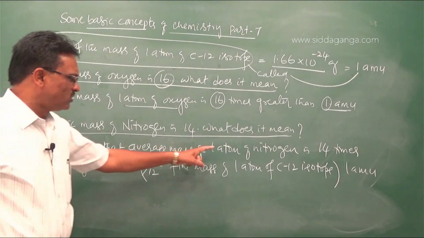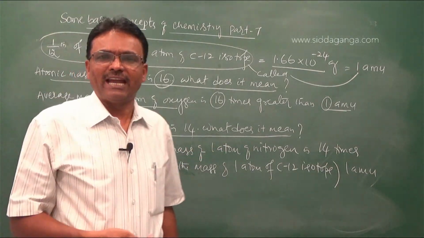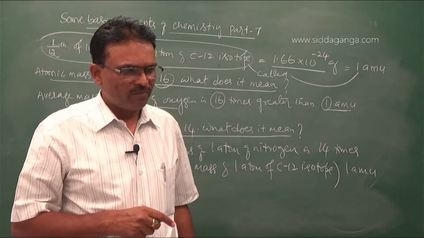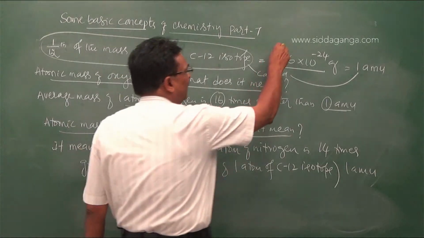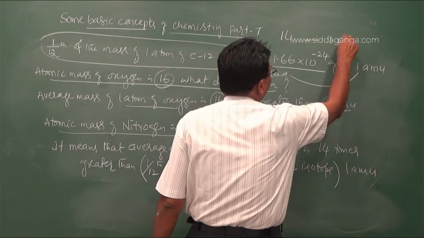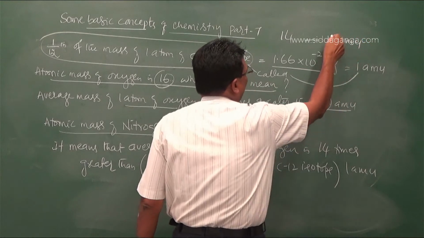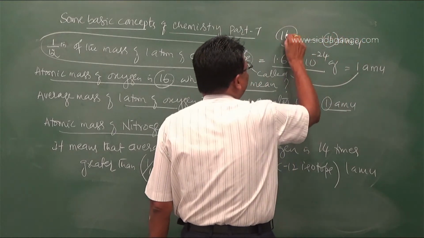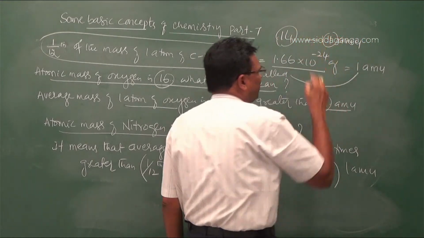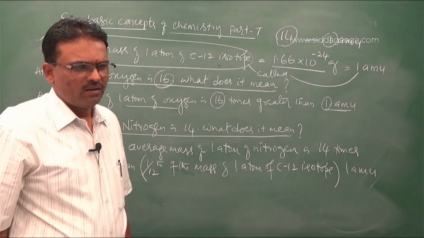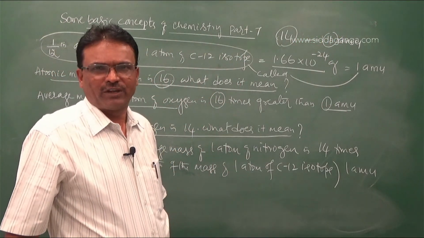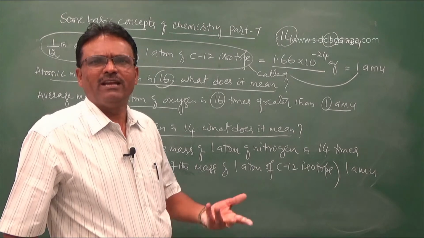The average mass of nitrogen is how many times greater than 1 AMU? 14 times greater than 1 AMU. So atomic mass of nitrogen is 14. What is the meaning of this statement?